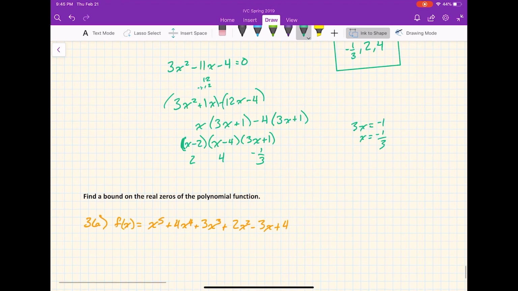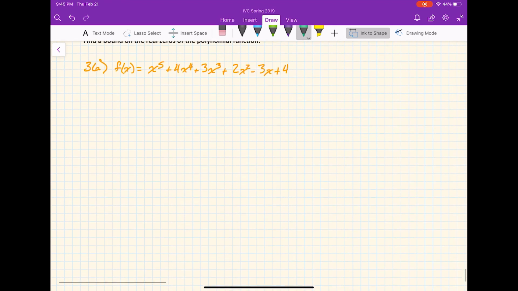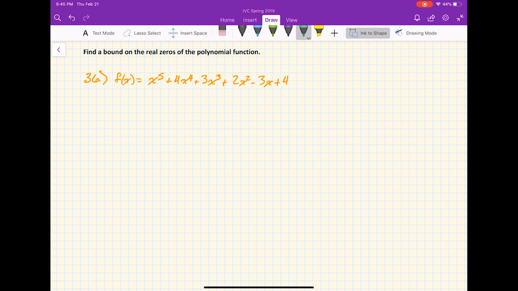And then on to our last one. Find a bound on the real zeros of the polynomial function. So really what we're trying to find out here is if we had a function and we graphed it, how far to the left would it go and how far to the right of the y-axis would it go.